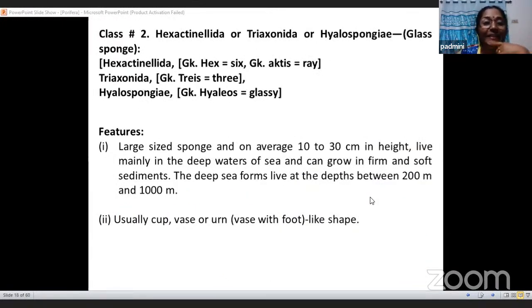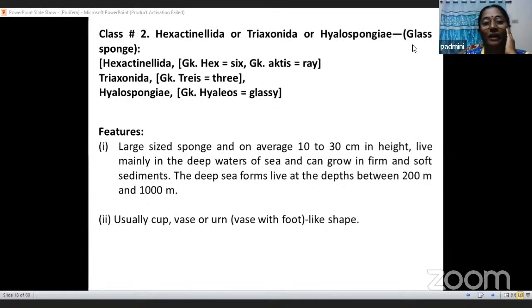Second one, hexactinellida. Hexa means 6. Actinellida, ray. Six rays is called hexactinellida, or it can also be called glass sponge. The sponges are very shiny, they shine like glass. That is the reason the example is a glass sponge.